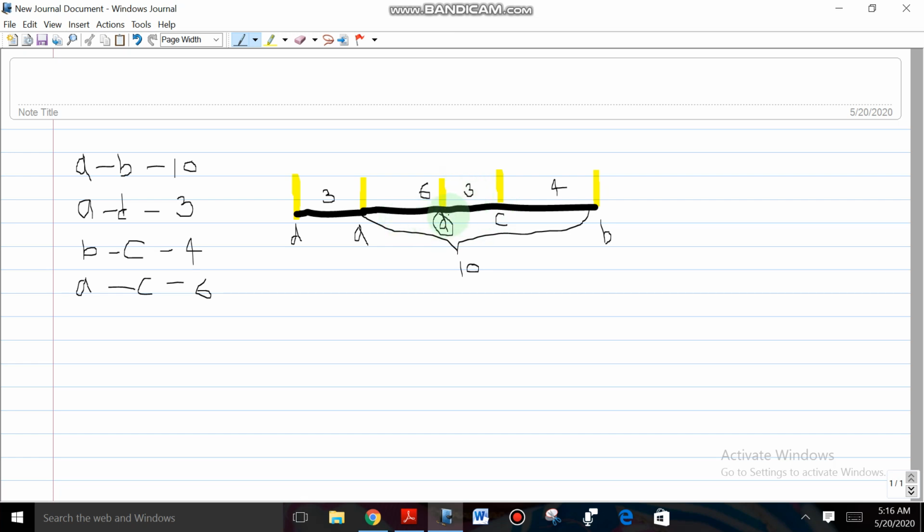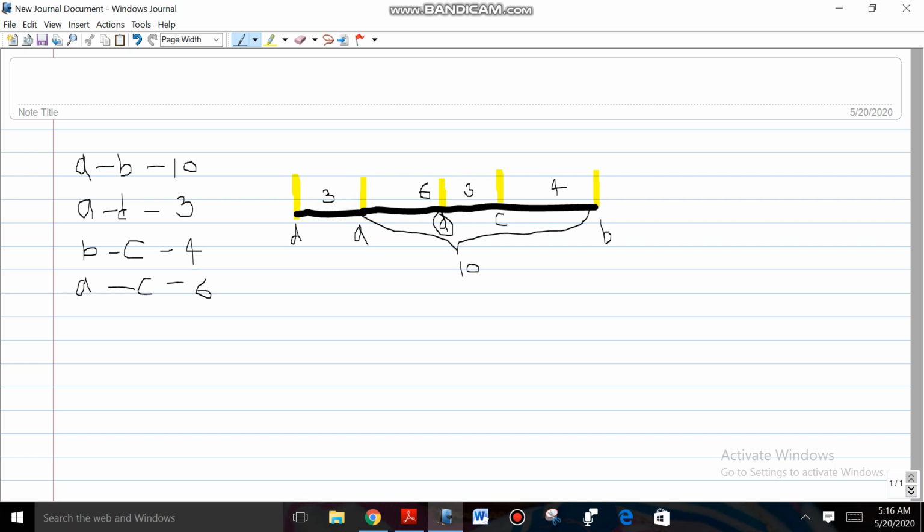Suppose D is present in this case, 3 is the answer. Suppose D is present in this region, this is A to C 6 plus A to D 3. 6 plus 3, 9. So crossing over percentage C to D, how much? Either 3% or 9%. That is the answer. Most people will calculate 3% only. That's wrong. You got it or not?